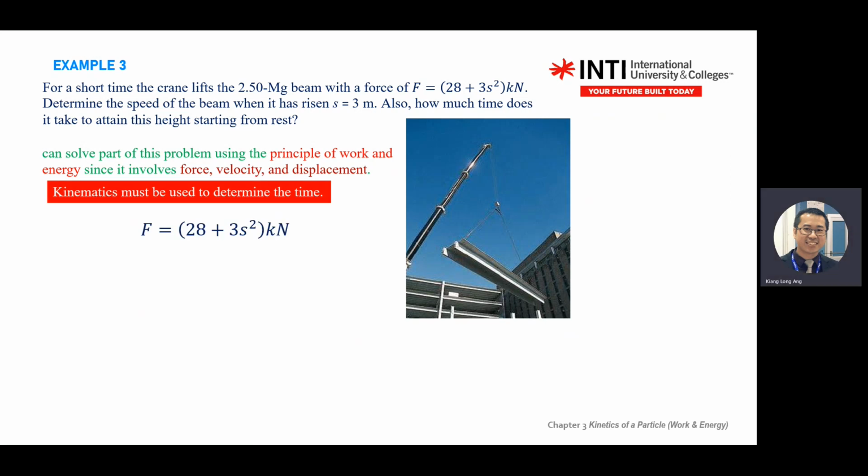Okay, you have this force equation. At the ground, or the reference point 0, what is the force you have?